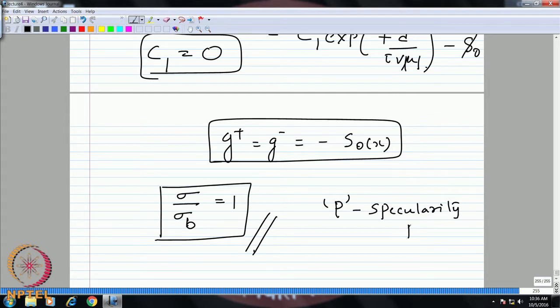Specularity parameter. So, this is given by notation P, and if this is equal to 1, it indicates it is a purely specular scattering. If it is equal to 0, it is completely diffuse. Most of the real surfaces have between 0 and 1. We do not know exactly, but it can vary from 0 to 1.